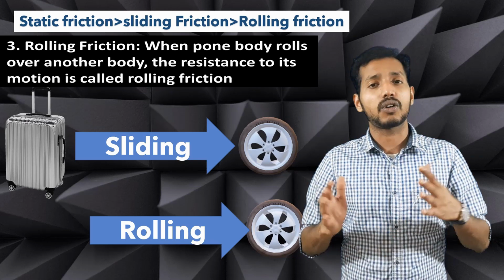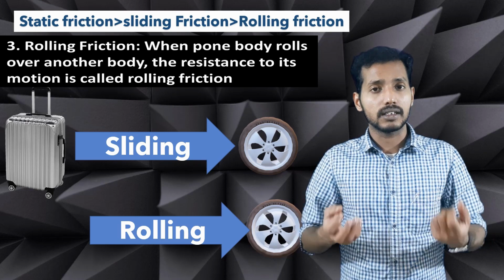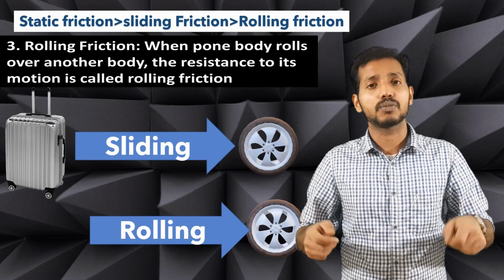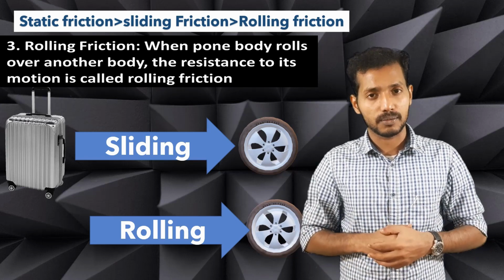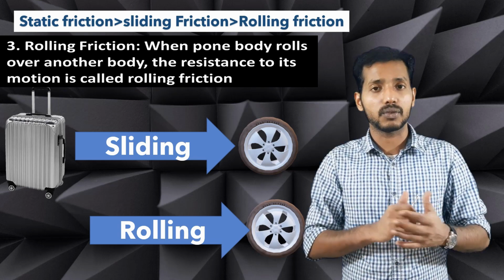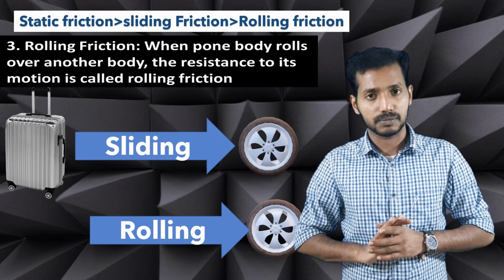Nowadays we are using this concept of rolling friction in machineries and other instruments in which parts should move continuously. That means we can reduce the amount of frictional force if we use the concept of rolling friction.